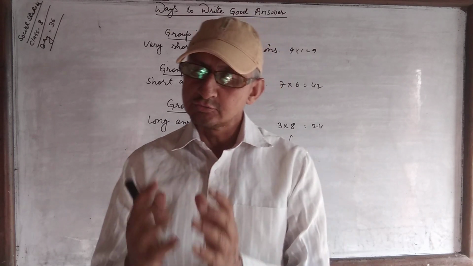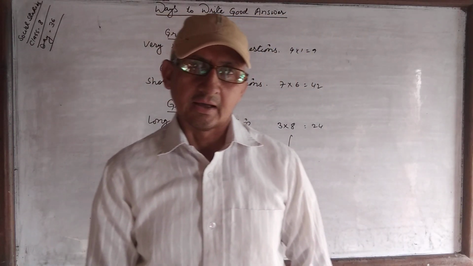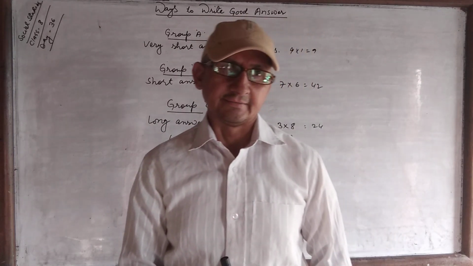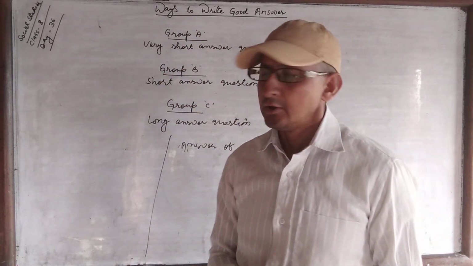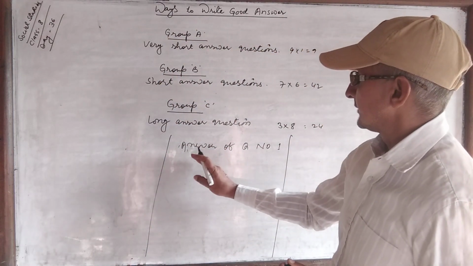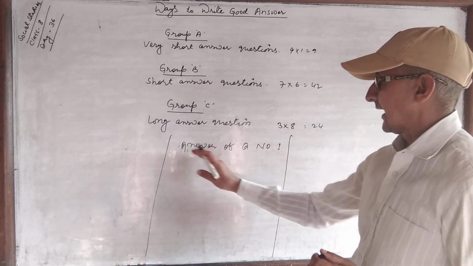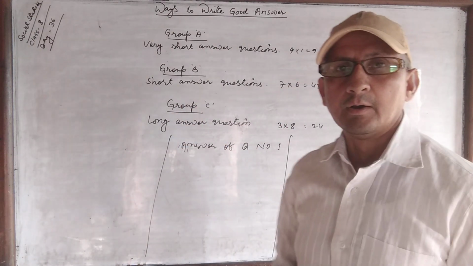Sometimes you need 2 sentences, but don't write more than 2 sentences. Before writing the answer, you have to write the question number, like answer of question number 1 or answer of question number 2, at the middle of your page.